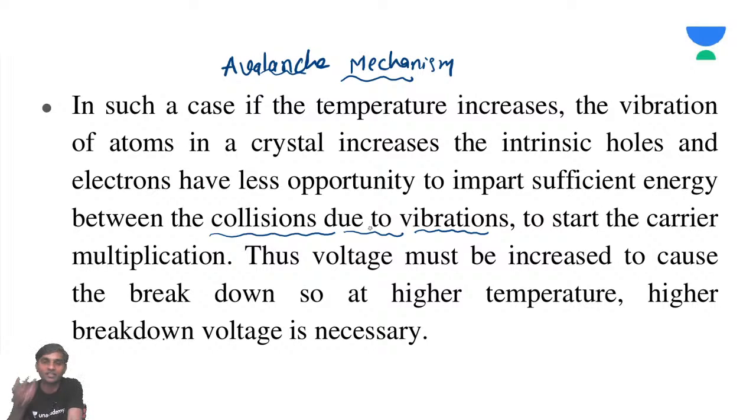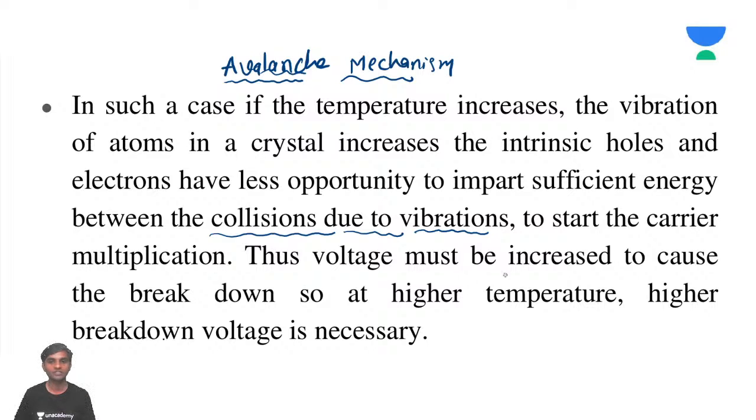As the temperature increases, the vibrations increase and there is less chance of hitting. So the avalanche mechanism will not happen as quickly as in the previous case, and you need more breakdown voltage. All this happens in lightly doped diodes.